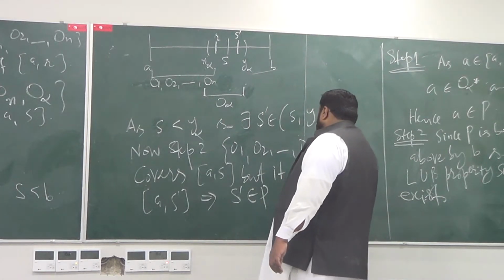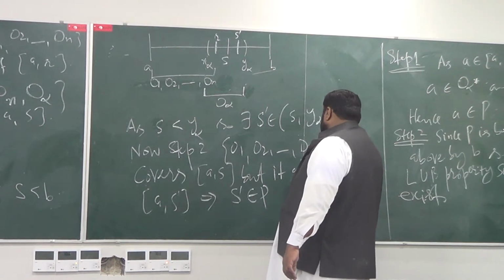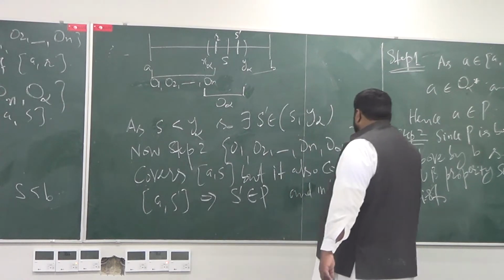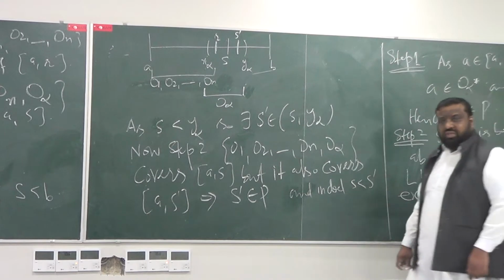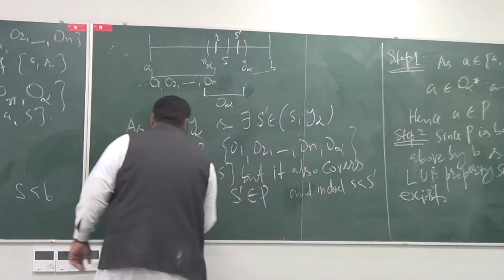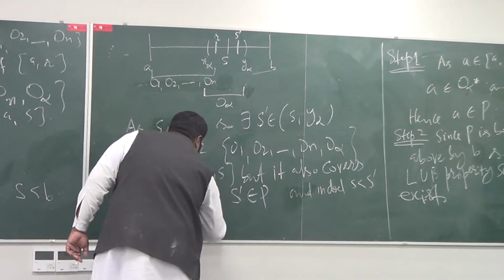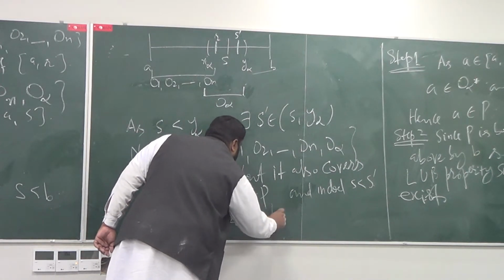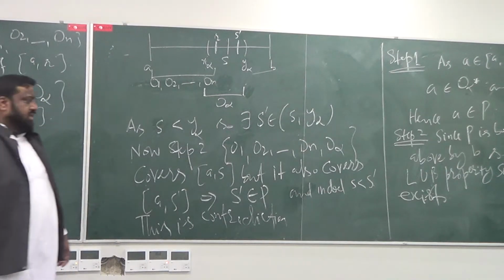But, and obviously, and indeed, S is smaller than S prime. So that's a contradiction actually. And this is a contradiction. Contradiction to what?